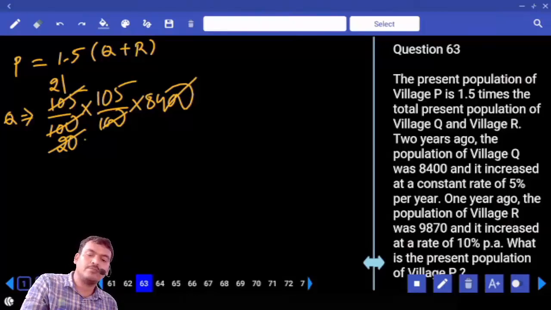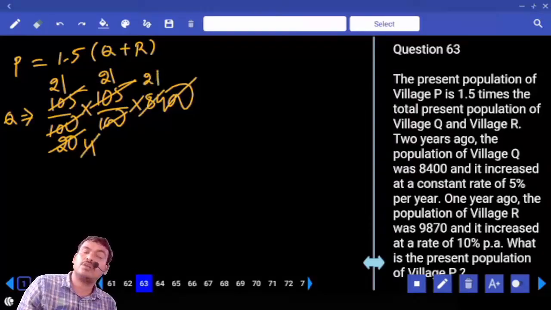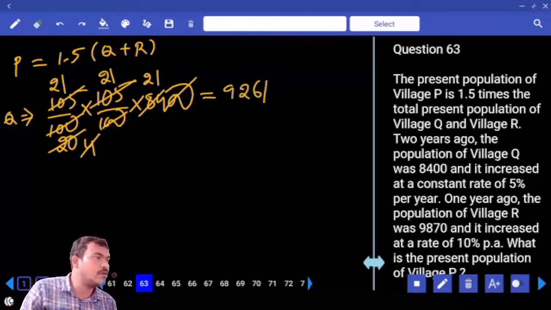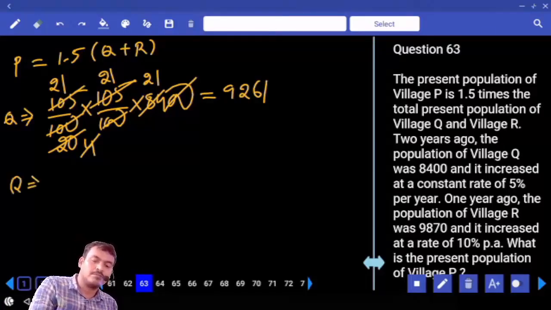Again 5 times 4 is 20. So 21 by 20, 21 cube. What is 21 cube? 9261.